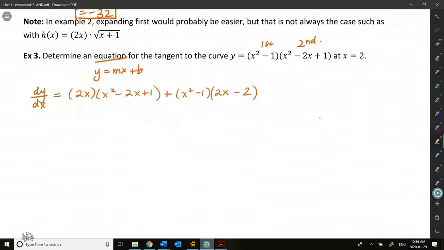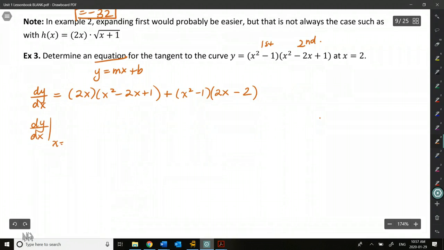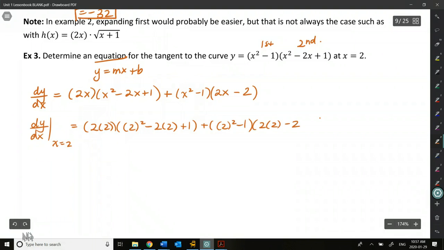So I could spend a bunch of time expanding this out and simplifying, but it doesn't really ask us just to find the derivative. We're using the derivative to help us with something else. So I think rather than expanding and simplifying, let's just calculate the slope of the tangent when x equals 2. I'm just going to plug in right away here. Okay, so we're going to evaluate dy over dx, or slope of the tangent, when x equals 2. So you're just subbing that in for all the x's above. If you want to simplify out first, you can definitely do that. But if you're just using it to calculate something else, I feel like we can just input it.